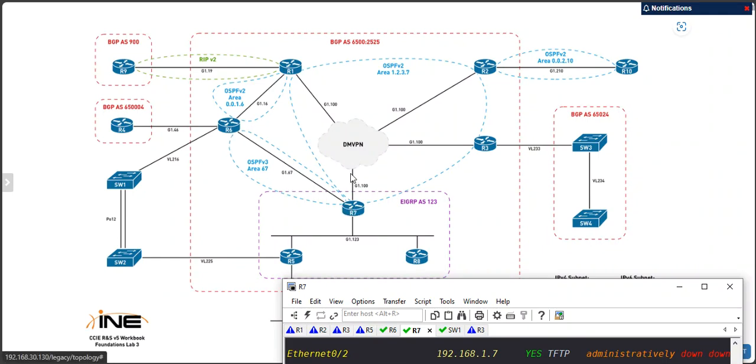This network is done by OSPF by tunnel, and there is another interface between R6 and R7.